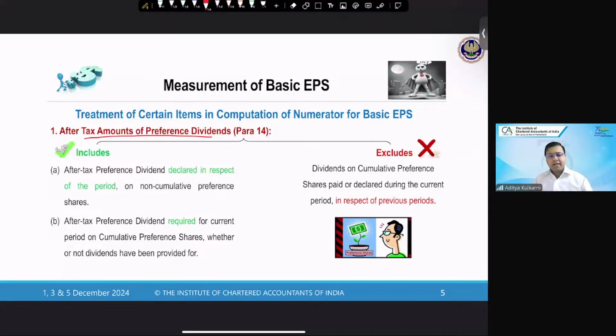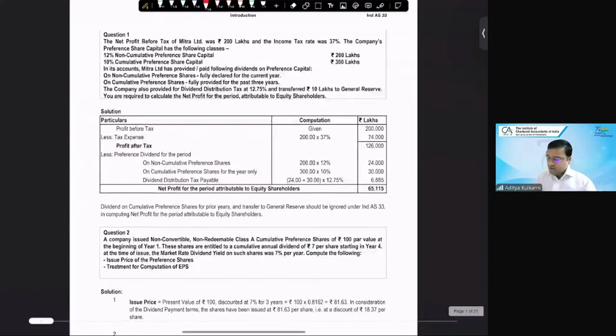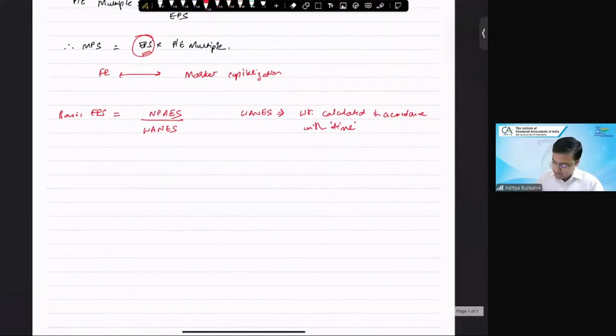One is cumulative, one is non-cumulative. Non-cumulative preference dividends, after tax preference dividend declared in respect of the period on non-cumulative preference shares are included. After tax preference dividend for current period on cumulative preference shares, whether or not the dividends have been provided for. So we are having two categories of preference shares.